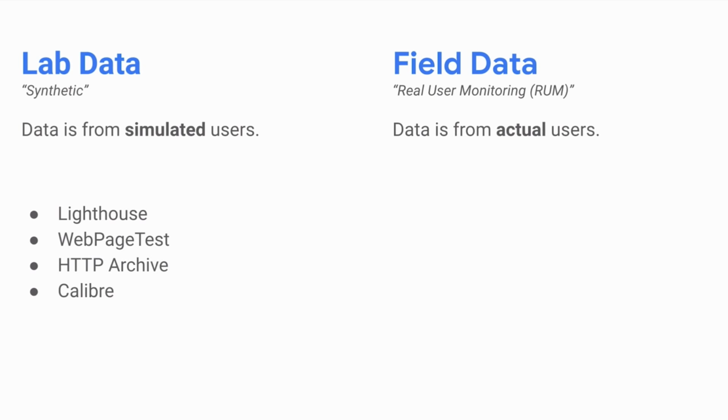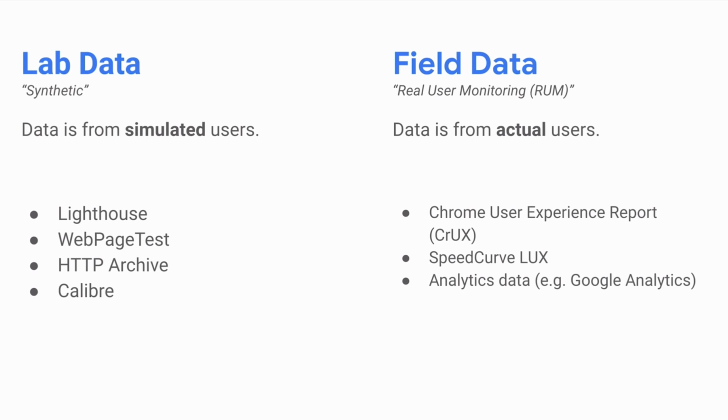Now, WebPageTest will actually run your page on a real device that lives in a real device farm, but it's still a simulated experience because it does not represent what your actual users will experience with the conditions that they have.